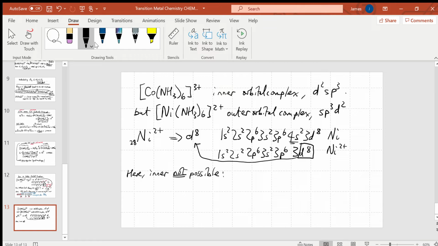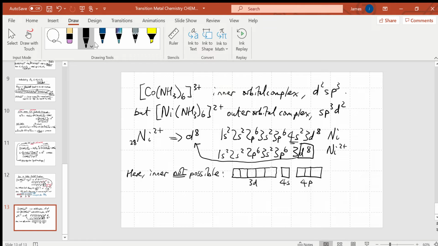Let's see why. If we tried to rig it so that it was inner, let's see what happens. We've got our 3D, our 4S, and our 4P. So we're going to try and rig it. I've got 8 electrons to put in.